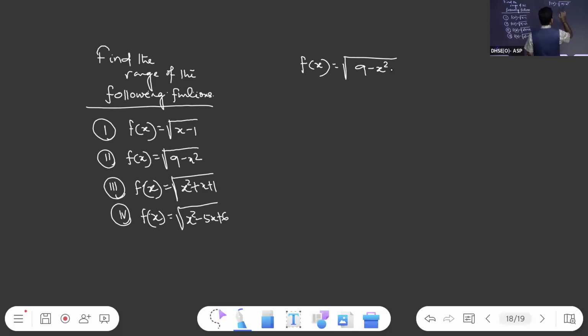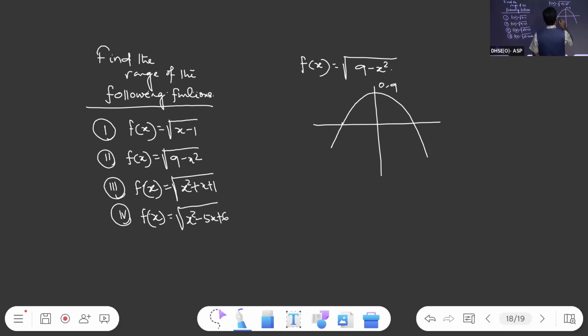The inside function is 9 minus x square, which is a downward directed parabola. This is the graph of 9 minus x square, with vertex at 0, 9. I'm taking the graph of 9 minus x square, not the graph of root of 9 minus x square.